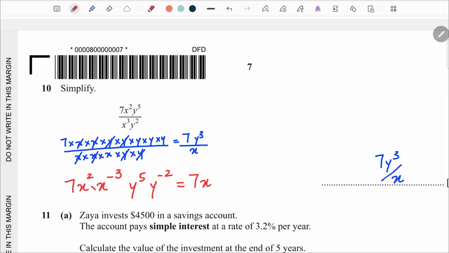When two terms are being multiplied with each other, that means the powers will add. 2 plus minus 3 will become minus 1. y to the power 5 plus minus 2 will become 3. So the final answer would be 7x to the power minus 1 y to the power 3, and in order to convert this negative sign into positive, we'll bring x to the denominator again. So the final answer would be 7y cubed divided by x.